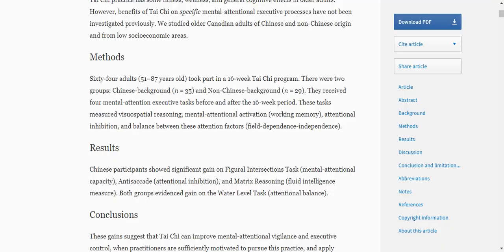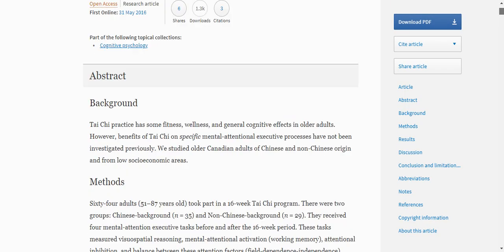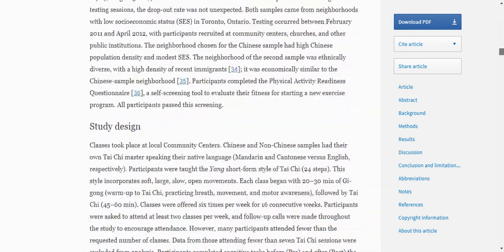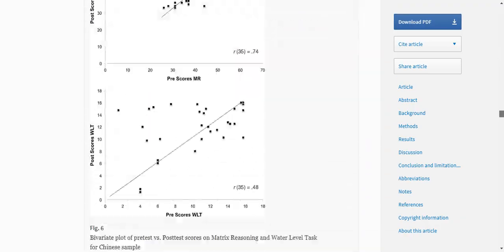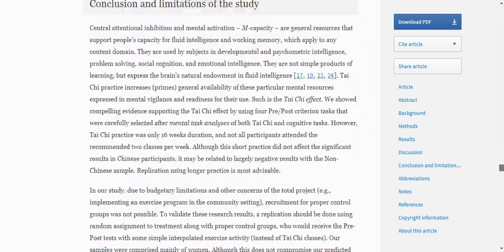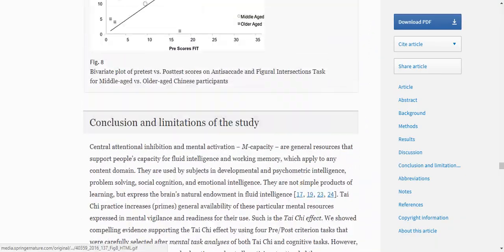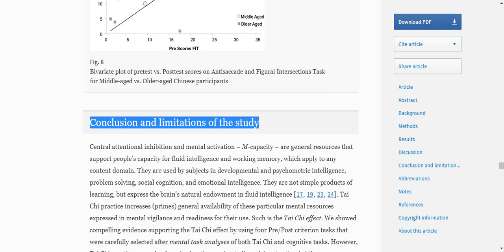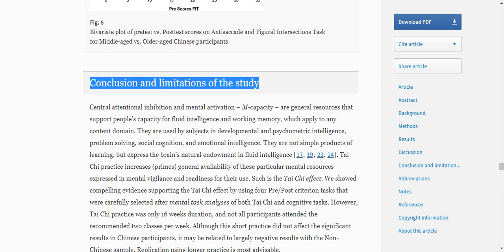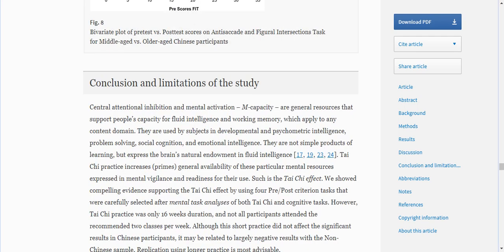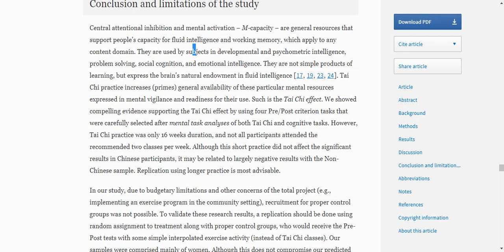Keep that in mind. Number three, this is the abstract. The conclusion is a small thing in the abstract, but I encourage you to skip ahead all the way down to the bottom, to the conclusions of the actual article. Many times, again, the most important, summarized, meaningful takeaways from the whole study will usually be in the conclusion.